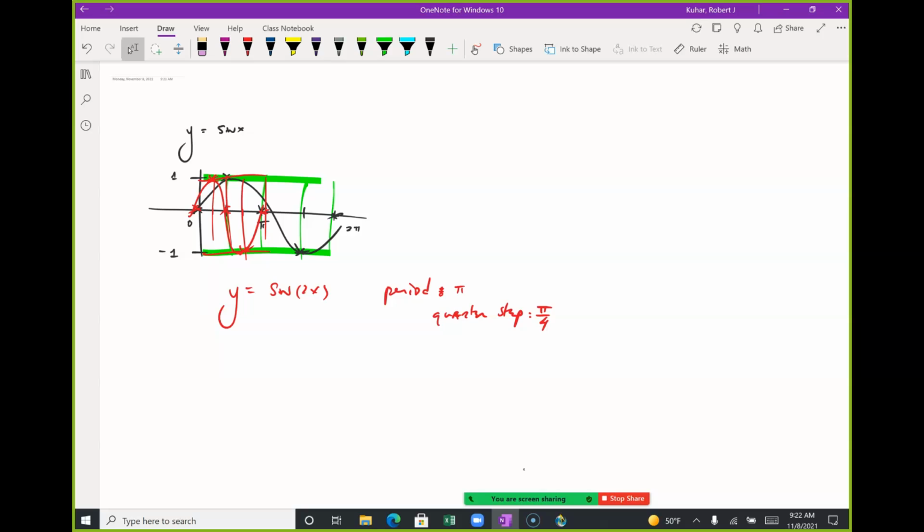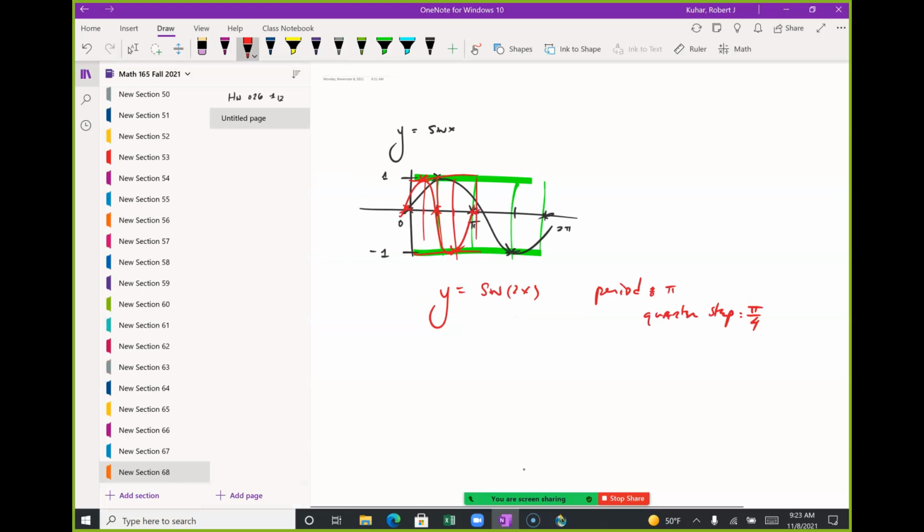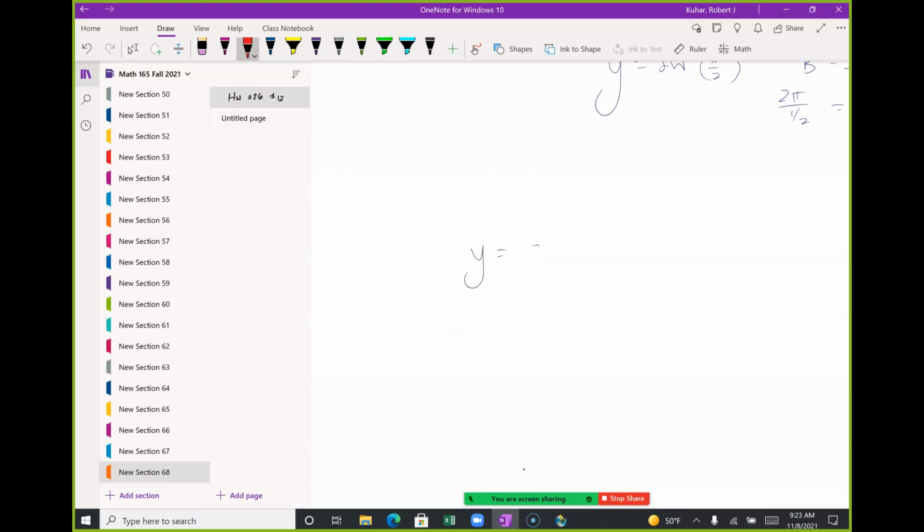So I'm ready to do that whole problem now, because I did a bunch of pieces of it, right? I did the mother, I did the reflection, I did the amplitude. I did do the -2, right? If you could see it here.